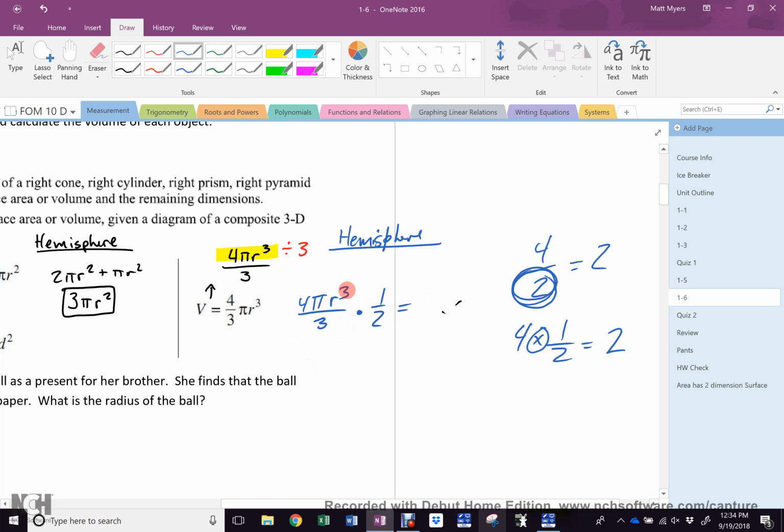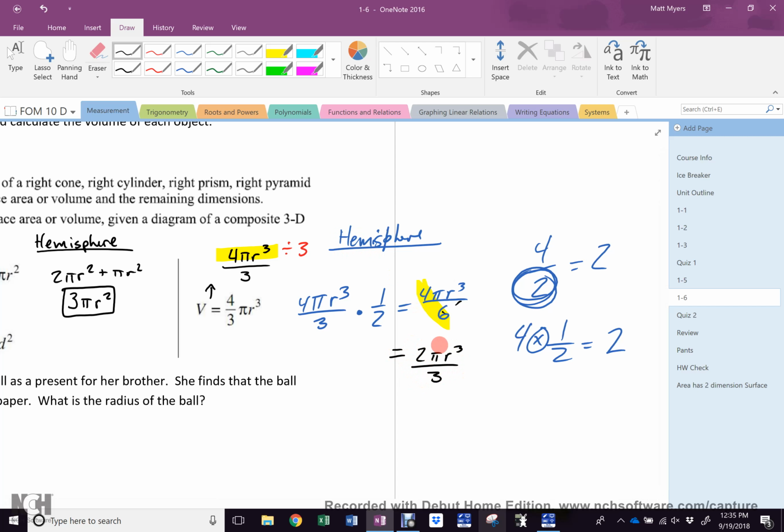What is 4 pi r cubed times 1? 4 pi r cubed. What is 3 times 2? 6. Now, in Mrs. Bad Crumble's class, would you ever leave 4 and 6 in a fraction? What would you make it? 2 pi r cubed over 3. That is a hemisphere's volume. Is everybody cool?